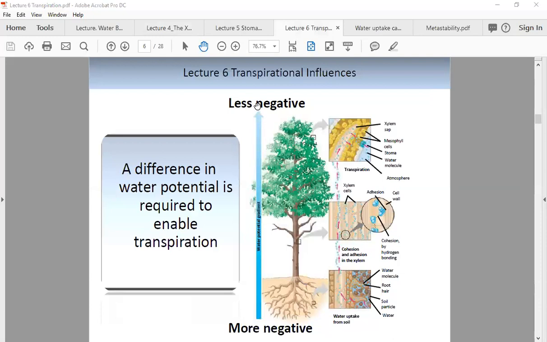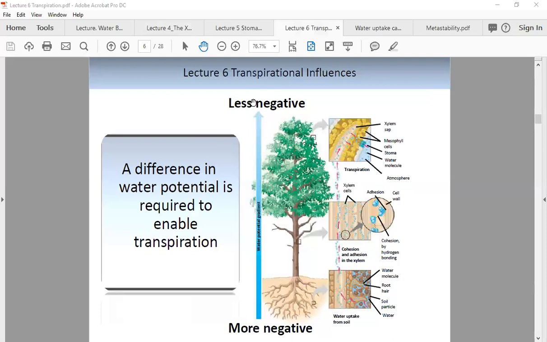It's actually even more negative than that. So anyway, the point here is that water potential is higher here. That is, it's less negative. It's still negative, but it's approaching zero. And it's a very negative number here.